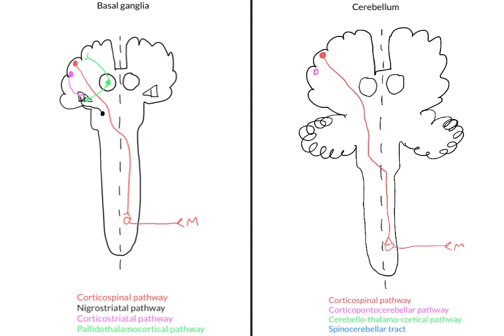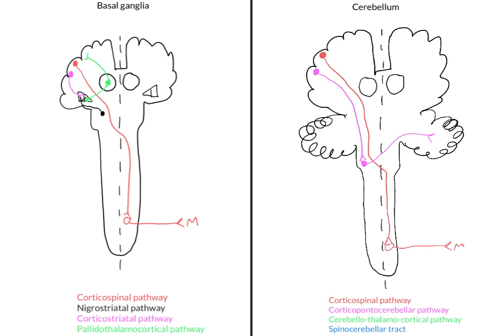So here is a neuron which is going to send this motor plan down ultimately to the cerebellum. So it goes down to the pons, where it synapses upon one of these neurons of the pontine nuclei, and the neurons of the pontine nuclei themselves decussate to the contralateral cerebellar hemisphere. So this is the corticopontine pathway ending up within the cerebellar hemisphere on the opposite side.